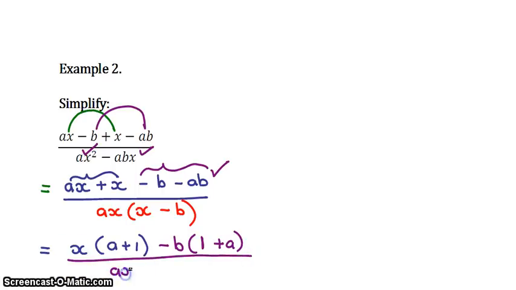So my negative b did work out usefully. Why do I say that? Let me write in my denominator. Why I say that is, what I've noticed is here I have an a plus 1, and here I have a 1 plus a. Now with grouping, the whole idea is to build a common bracket so you can take it out. Now, some people look at 1 plus a and a plus 1 and say they're not identical, but addition is commutative, which means 1 plus a is exactly the same thing as a plus 1.